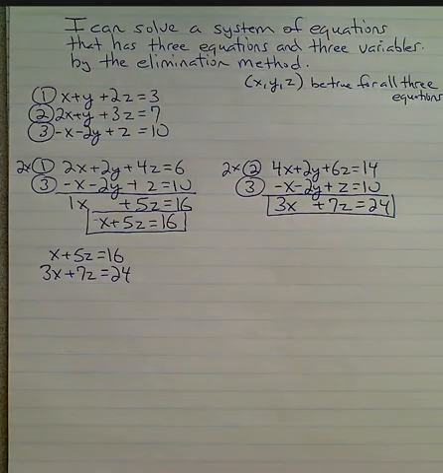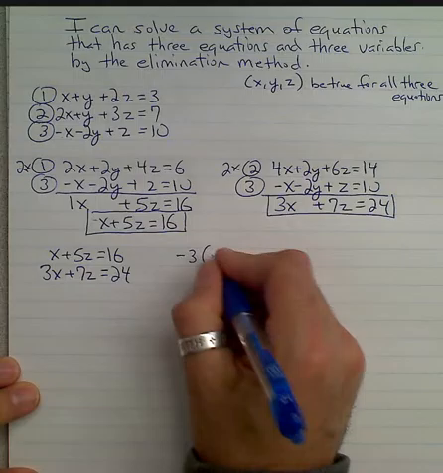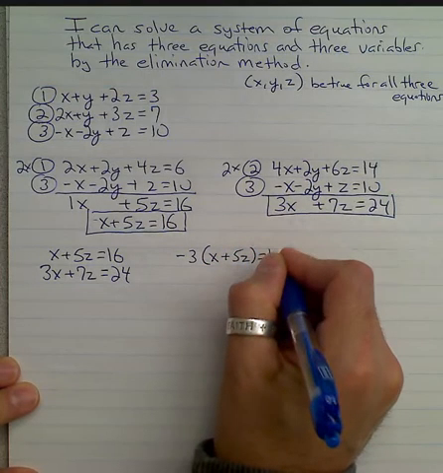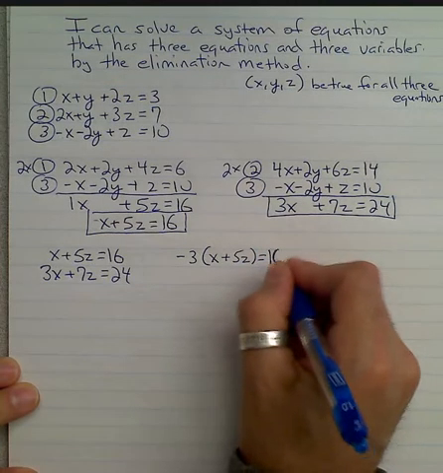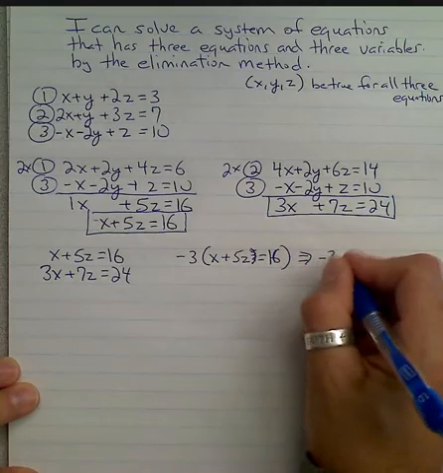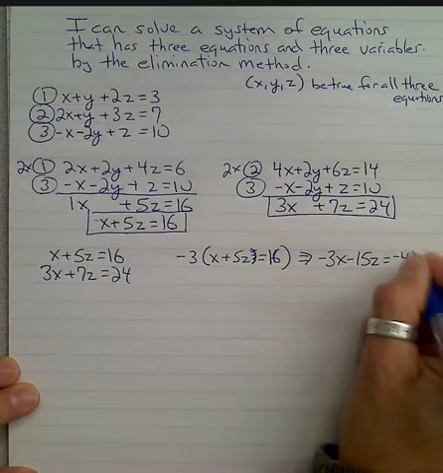So now, using what we've practiced the last week in class, we're going to multiply the top equation by negative 3 to give us negative 3x minus 15z equals negative 48.